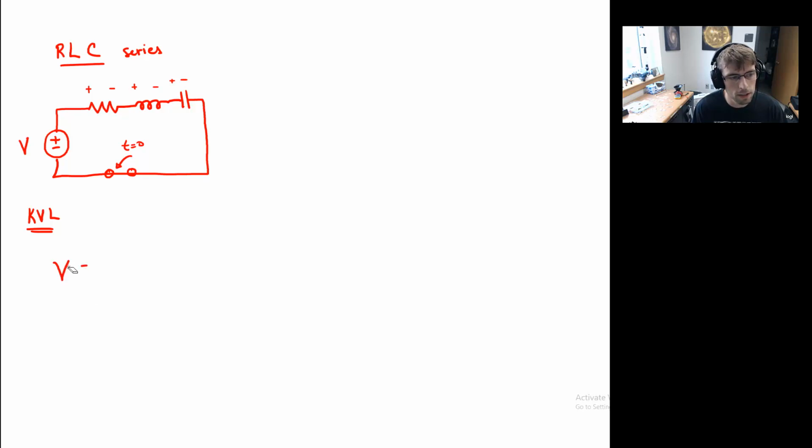It will be lowercase v is equal to, well, let's go through. We have our lowercase i times R, the drop across the resistor. Then we have the drop across the inductor, L di dt. And finally, the drop across our capacitor.